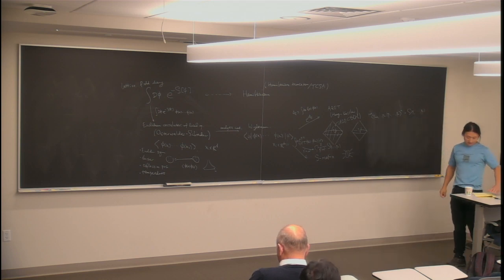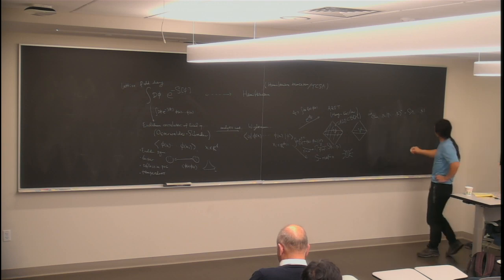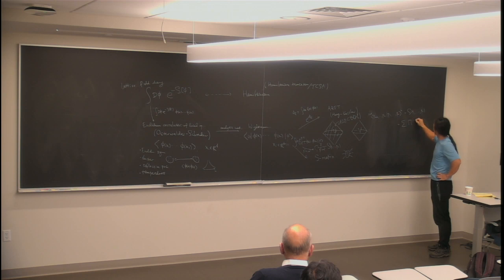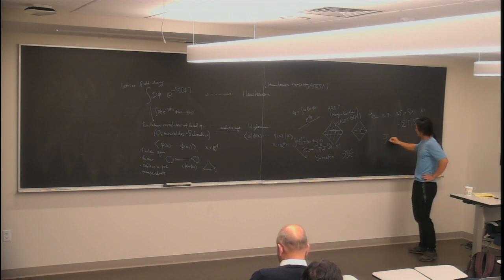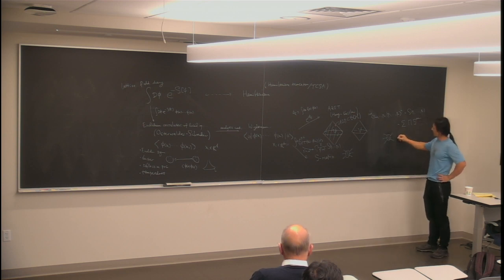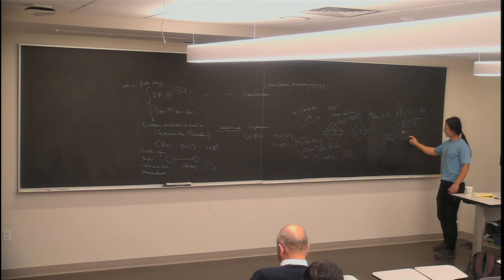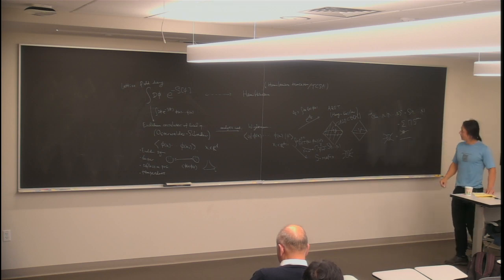The S matrix element is supposed to typically have the structure of a sum of products of the connected components of the S matrix. For example, if you have a 3 to 2 scattering, you'll have some connected amplitude of 3 particles interacting together and decaying to 2. Then you can have 2 of them interacting into 1, and the other one just comes along for the ride, and so on and so forth.